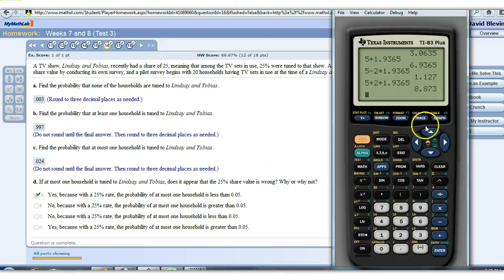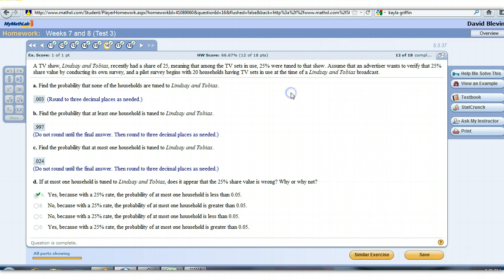So roughly 95% of the time we expect, if the 25% is true, if we take a bunch of different random samples of size 20, somewhere between 1 and 9 people watching that show. Remember, all that stuff that we did before is going to come back, and it's going to be true again once we get this test 3 material out of the way.